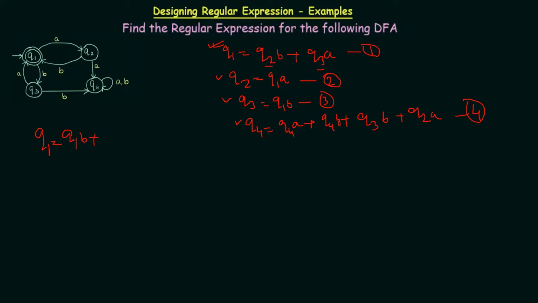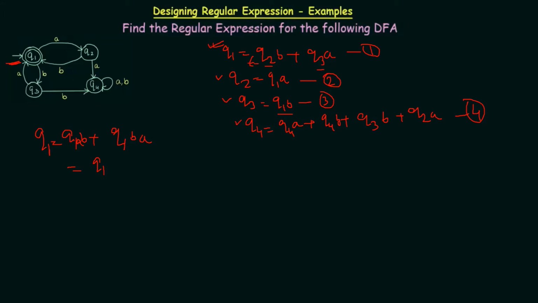q1ab, sorry, q1 ab, and the value of q3 is q1b, so this is also q1ba, so this is finally becoming... I forgot one thing, there is an epsilon coming in over here, so there is an epsilon here.